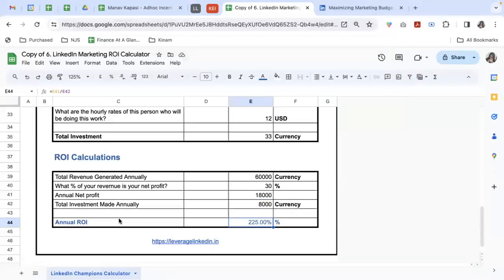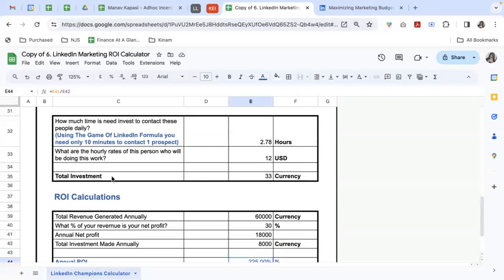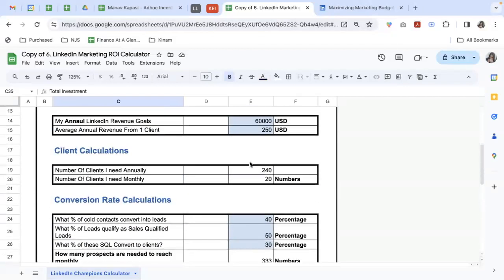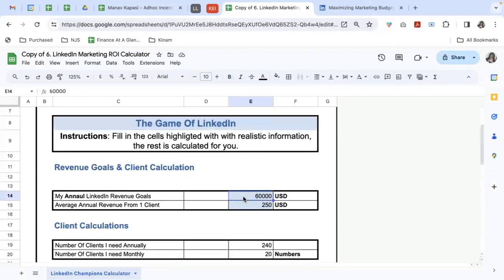So now this calculator gives you the answer to how much do I need to invest, and how many people you're going to need. Just say, for example, I make this goal a very big one. We want 6 lakh people.